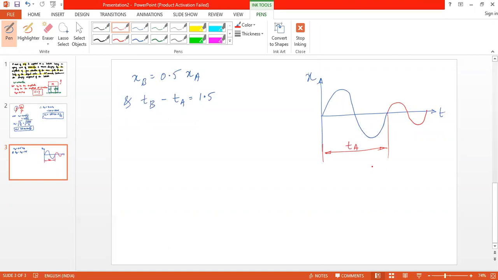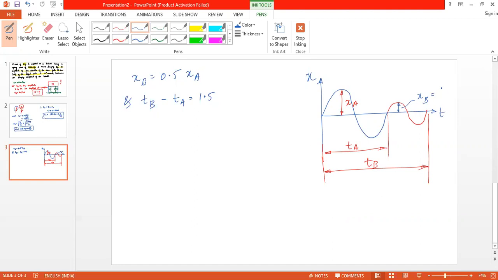We don't know the value of TA, the time taken for the first cycle. And the time taken to complete the second cycle is TB. What is the amplitude of the first cycle? XA. And the amplitude of the second cycle?